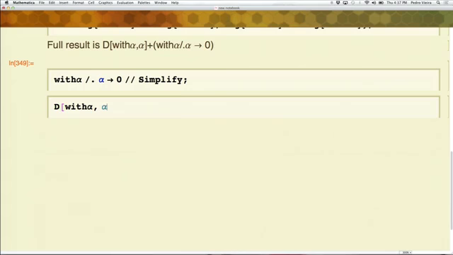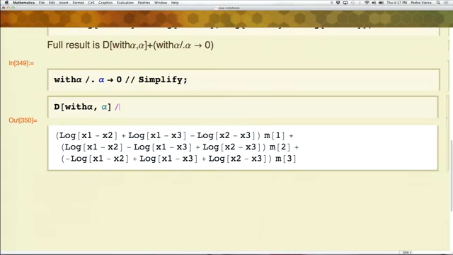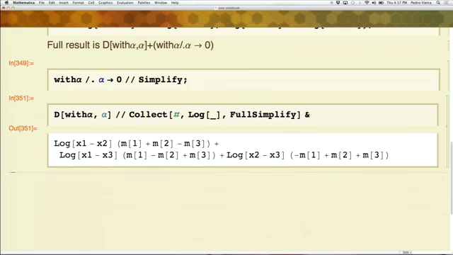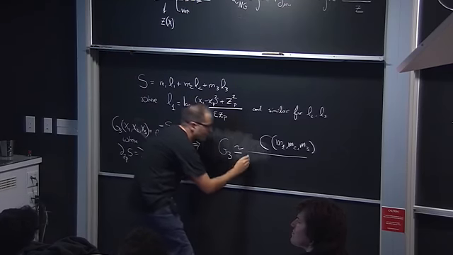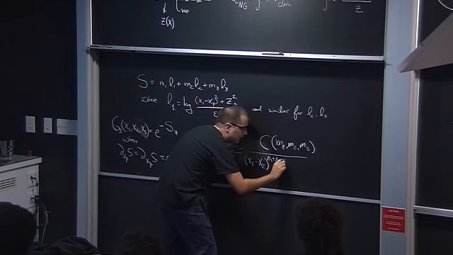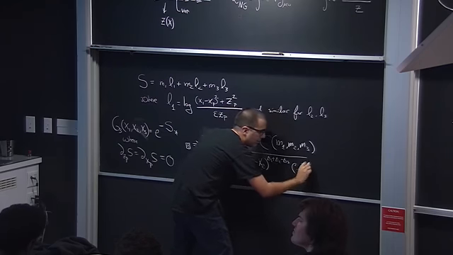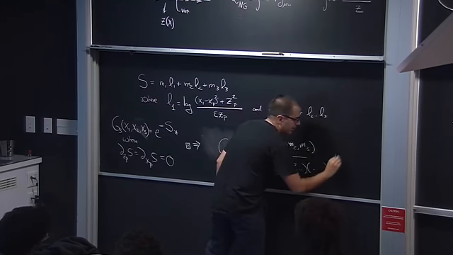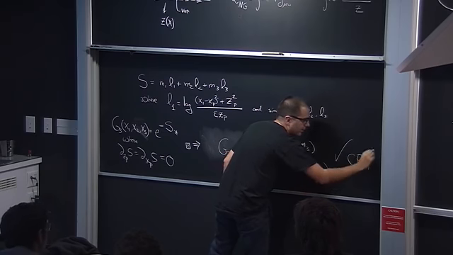And now we do the other one, the part that comes multiplied by these logs. And now if we collect this with respect to logs, ta-da, this is the result that we get at the end of the day. So what is this result? Now when you translate back to what it means for our correlator, it means that here we get x1 minus x2 to the power delta 1 plus delta 2 minus delta 3, and so on, exactly like we want for a conformal field theory.